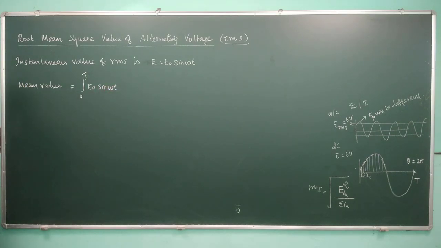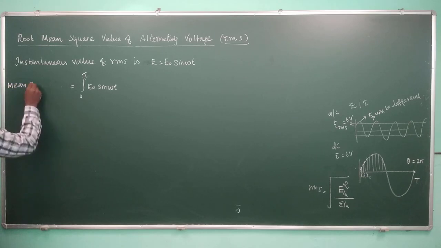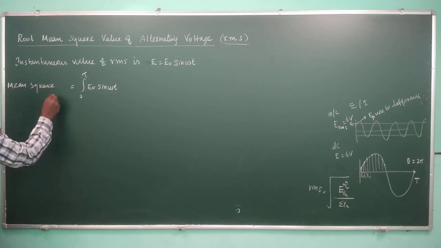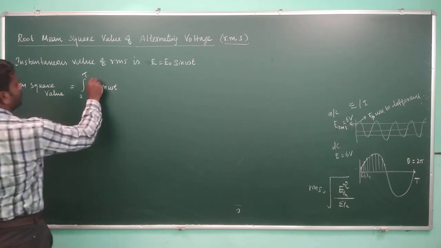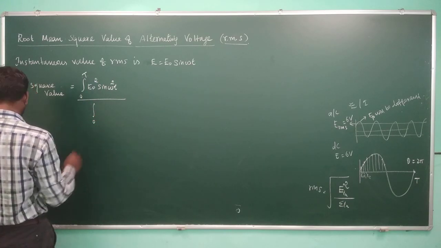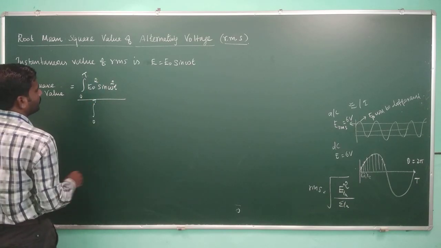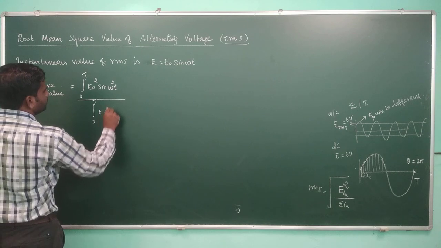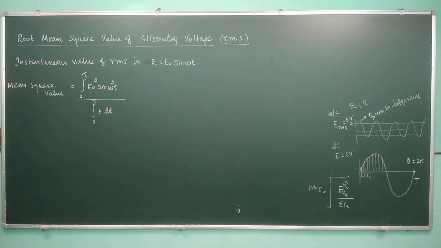Sorry, not the mean value, the mean square value. If you want the mean square value, you have to take the square of the thing and integrate it from 0 to T, divided by the integral of dt. Right? Fine. Now the integral from 0 to T of dt.